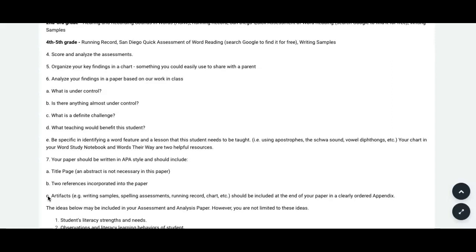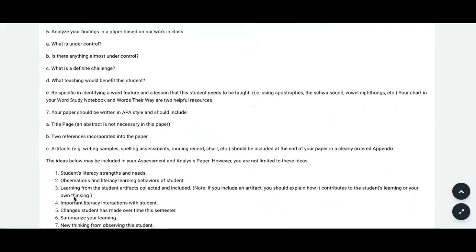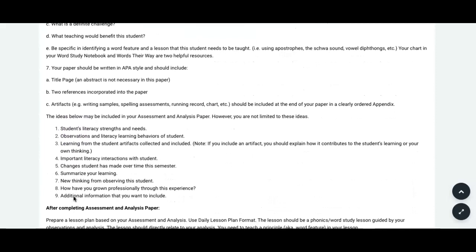Artifacts such as the writing samples, the spelling assessments, the running records, the hearing and recording sounds and words. They should be included at the end of your paper in a clearly ordered appendix. Some things to think about also as you are writing your paper.